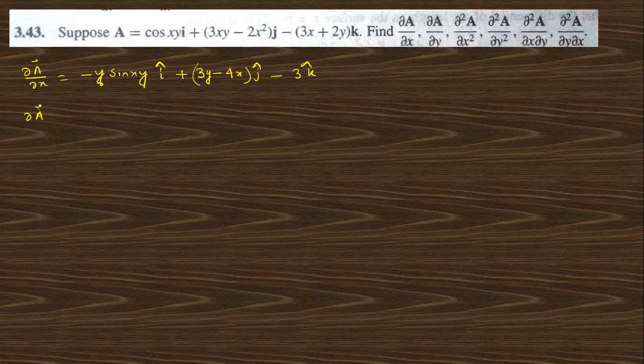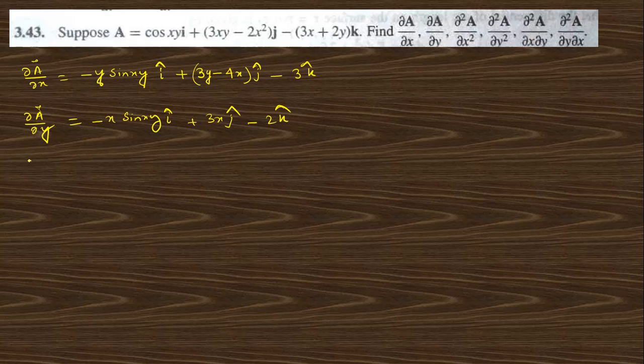Then del a by del y, the derivative with respect to y, is minus x sin xy i cap, plus 3x j cap, minus 2 k cap.